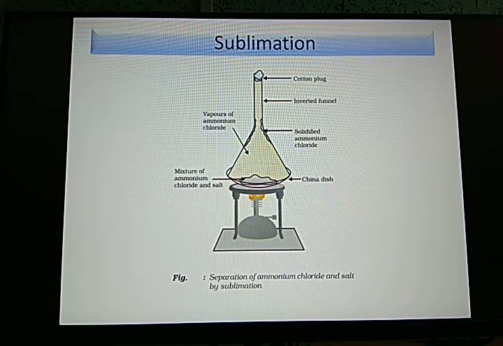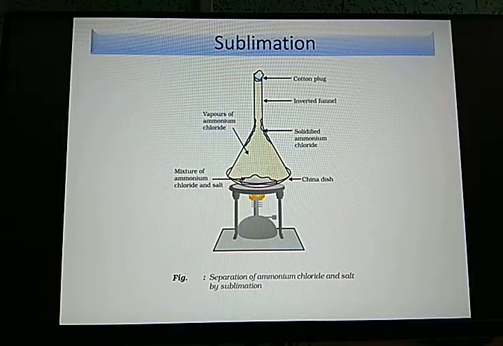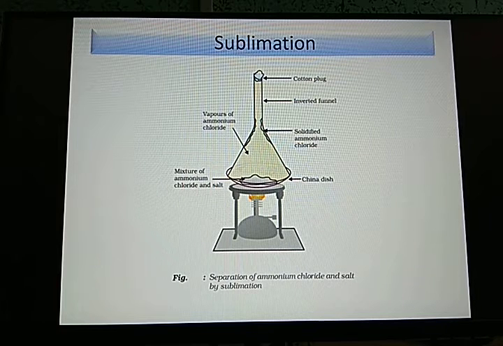Similarly here, we have covered the china dish containing the mixture of ammonium chloride and salt with the inverted funnel, and at the opening of the funnel we have put a cotton plug. Why have we put a cotton plug? Because if we don't, the vapors after heating will escape into the atmosphere. We don't want that. We need to collect the components of the mixture. So as a result, we have put the cotton plug there.